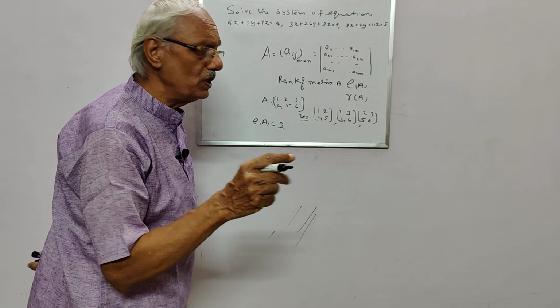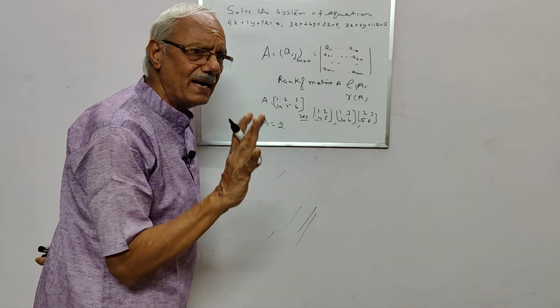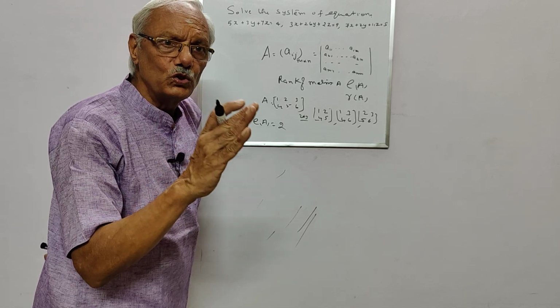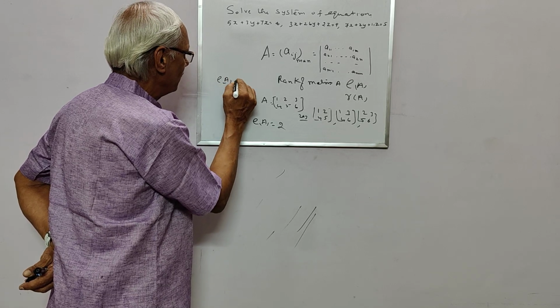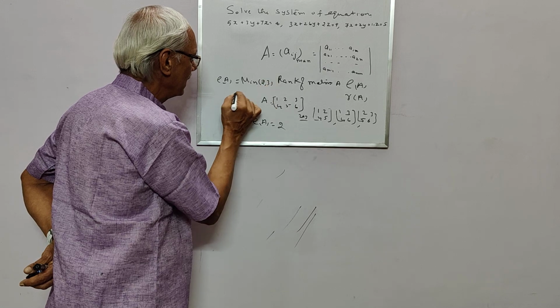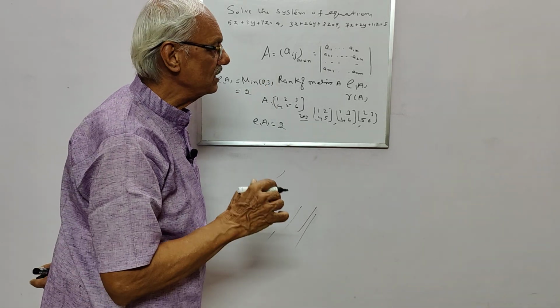Another point you must know is that the rank of any matrix will be at most the minimum of the rows and columns. That means rank of A will be the minimum of 2 and 3, which is equal to 2 only. Okay, so this is all about it.